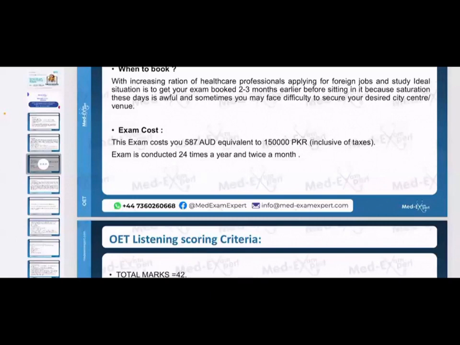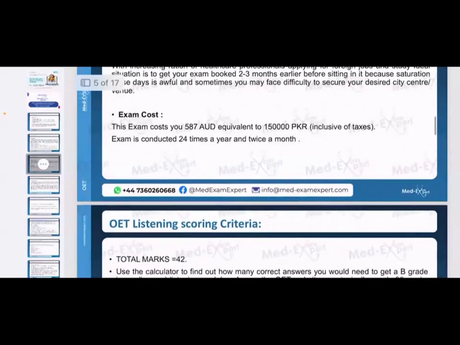The exam is conducted 24 times a year, which means twice a month. So after every 14 days, it is conducted in those countries which I mentioned earlier. Whatever country or city you are planning to book in, the ideal situation is to make sure that you have a slot there.